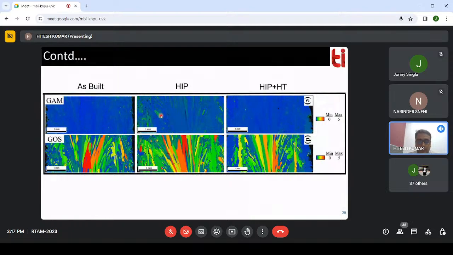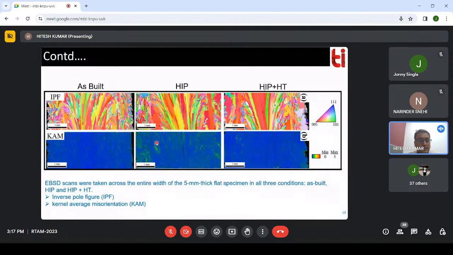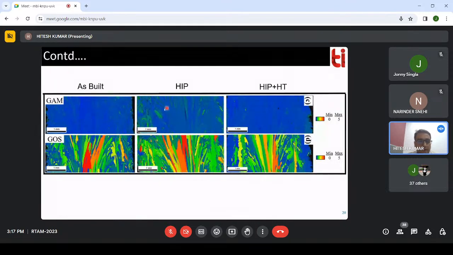If you can see in the same samples, there is misorientation in a particular grain. So here it is confirmed how much misorientation there is, and this is after heat treatment. These misorientations are easily removed.